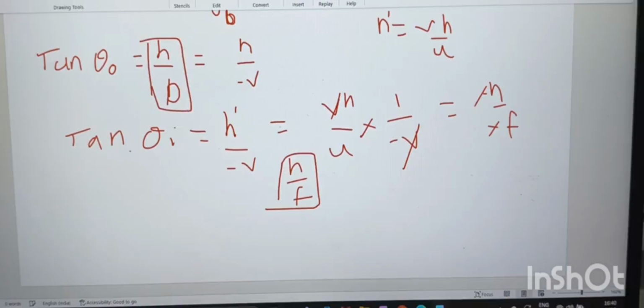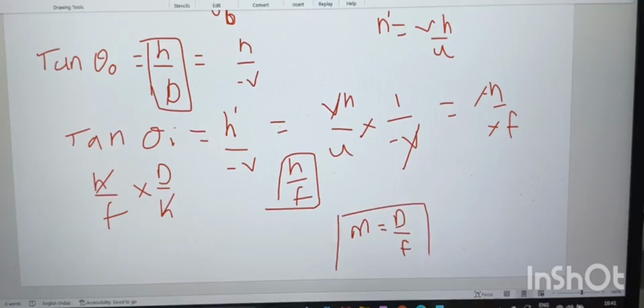Now what is theta I upon theta naught? H upon f divided by h upon d, so simply take the reciprocal, d upon h. H and h will get cancelled. Finally, you will get the magnification as d upon f, in case the image is forming at infinity.